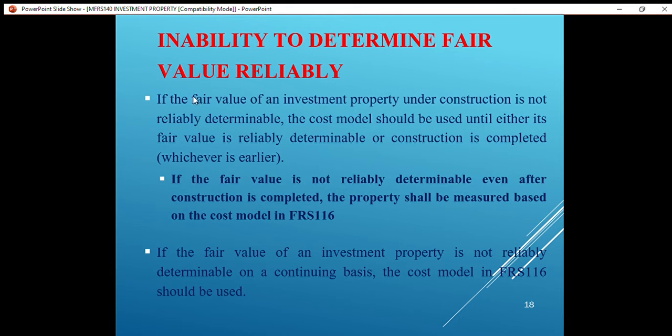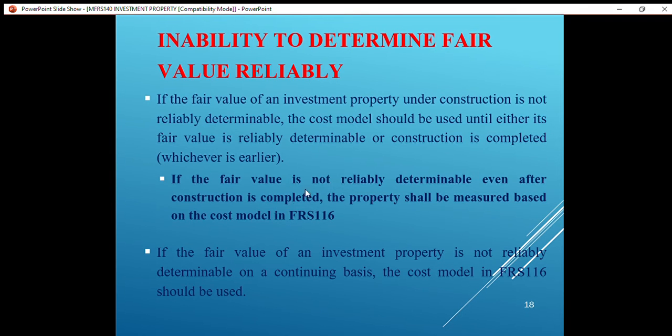Alright, so if the fair value of an investment property under construction is not reliably determinable, the cost model should be used until either its fair value is reliably determinable or construction is completed, whichever is earlier. Alright, and if the fair value is not reliably determinable even after construction is completed, the property shall be measured based on the cost model in MFRS 116.